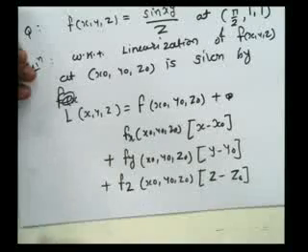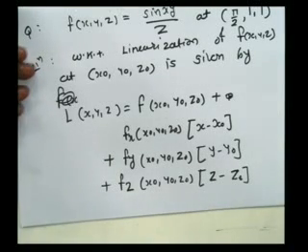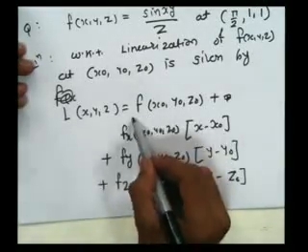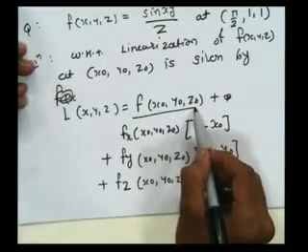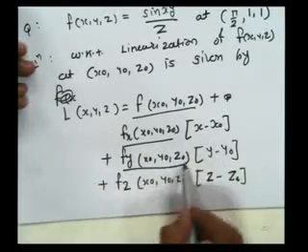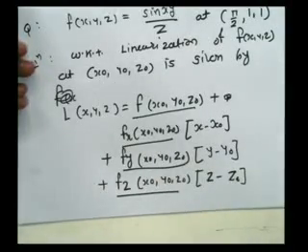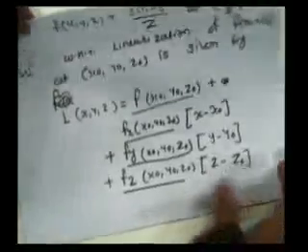This is the formula to find the linearization of any three variable function. So we need to find all these things: f at (x0, y0, z0), and fx, fy and fz at this point. So we will try to find these things.